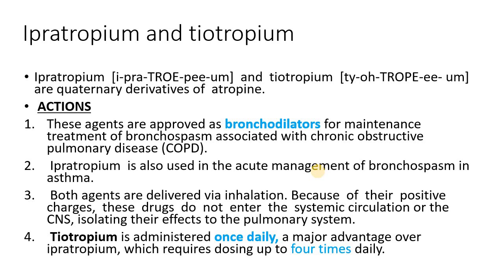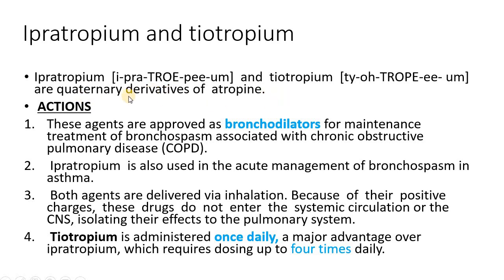To relieve this bronchoconstriction, there is a need for dilators, and these two are very important because they act on the receptors present on the bronchioles of the lungs and help in the dilation of these bronchioles. So this is a very important therapeutic use of the cholinergic antagonists.